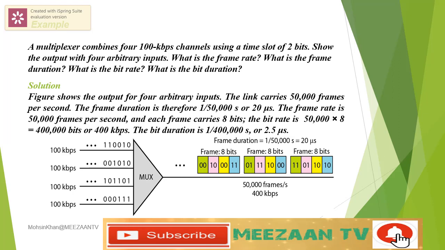The frame rate is 50 kiloframes per second. The data rate is 50 kiloframes multiplied by 8 bits, equal to 400 kilobits per second. The frame duration is 1/50 kilo, or 20 microseconds. The bit duration is 1/400 kilo, or 2.5 microseconds.